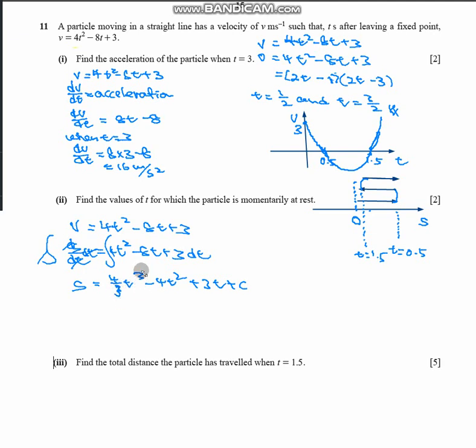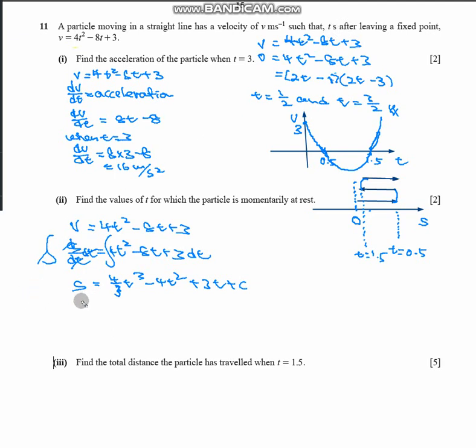Okay, now if you read the question carefully, he said that t second after leaving a fixed point. Okay, I mean at this t second, this is the velocity. Therefore, when it is at the fixed point, or the 0 point, t is equal to 0.